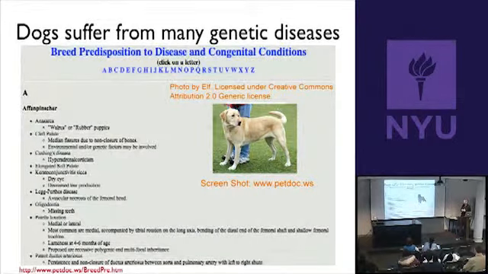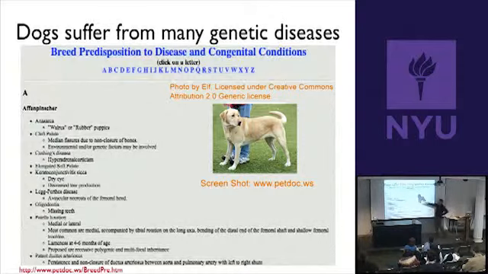And so there's this kind of upsetting website that catalogs all of the genetic diseases associated with particular breeds. It's not upsetting because it exists. It's upsetting to read how terrible some dogs' lives are. It just goes alphabetically.